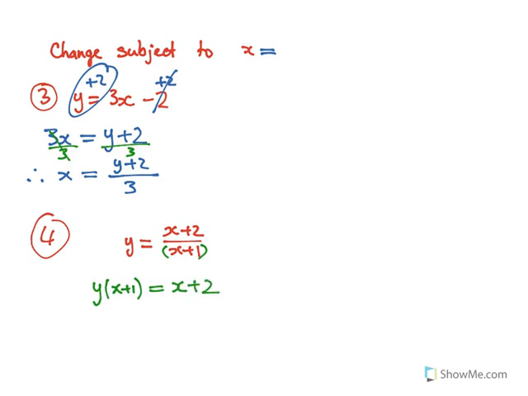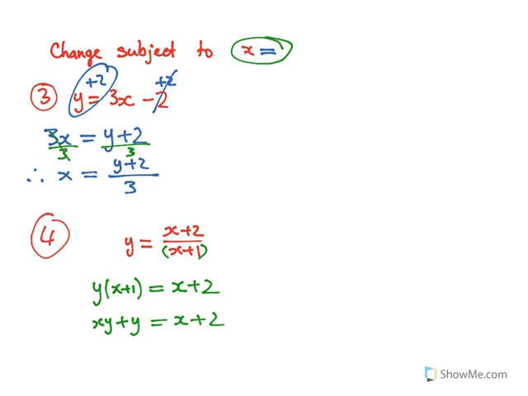Alright. Now I'm going to ski jump the left-hand side. So I've got xy plus y equals x plus 2. Now the thing is, I want to make x the subject, so I'm going to move everything that's x to this side and everything else to this side.